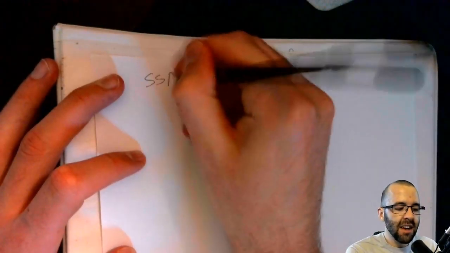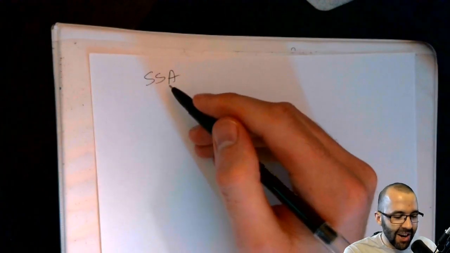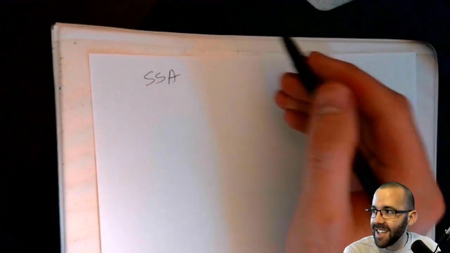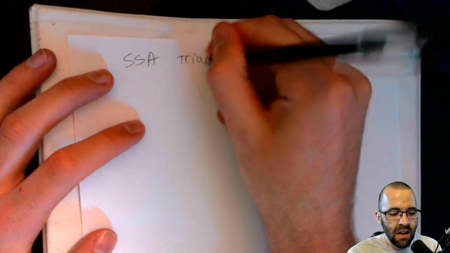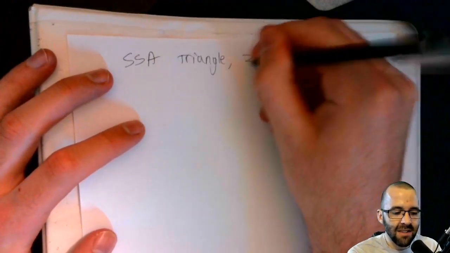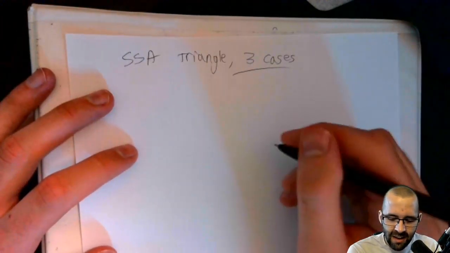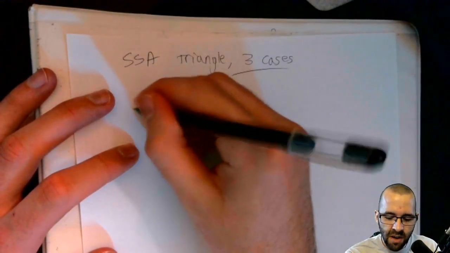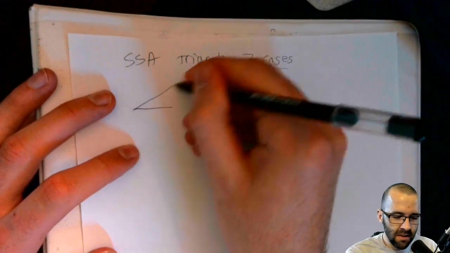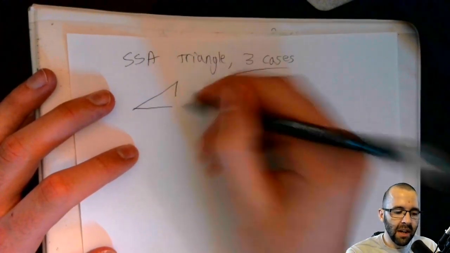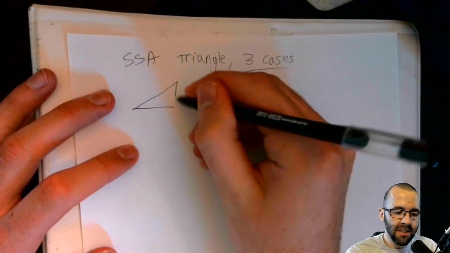Because if you have a side-side angle, or again, if you want to call it something else, you can call it something else. You have a side-side angle triangle that has 3 cases. The book says 4 cases, but I really think it's only 3 cases. All right. Sometimes when you're solving these cases, you get a broken case. It doesn't reach.